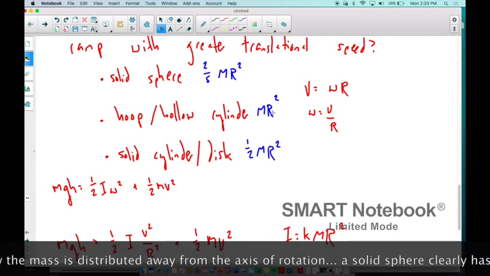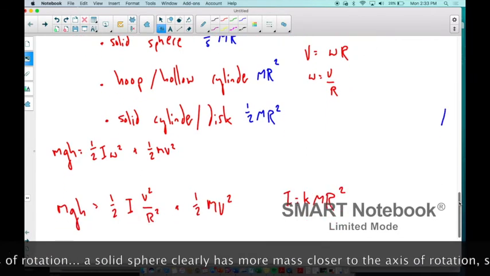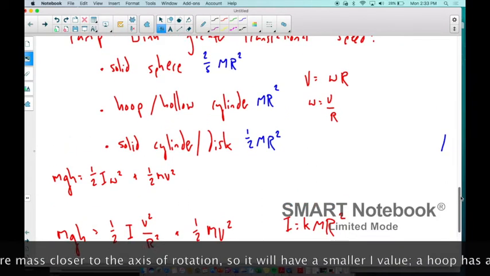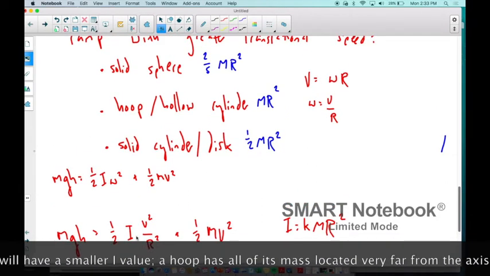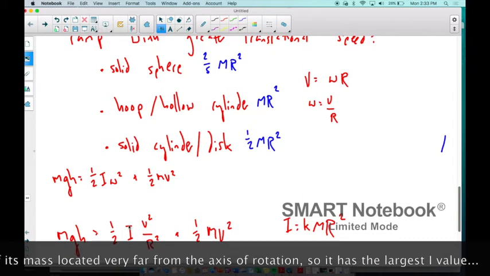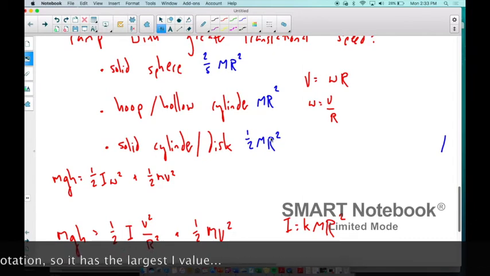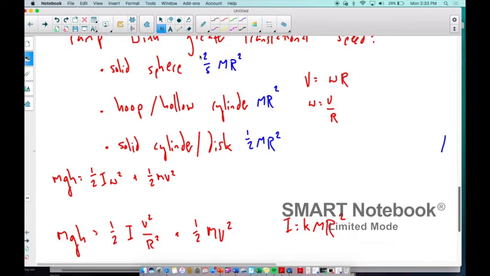So you can see that the hoop or the hollow cylinder is going to translate most of its energy to rotational energy. The solid cylinder or disk is going to be next, and then the solid sphere, 2/5 mr squared, that's the lowest I value out of all of these. 2/5 is less than 1/2. So we know that the solid sphere is going to translate less of its energy into rotational kinetic energy.